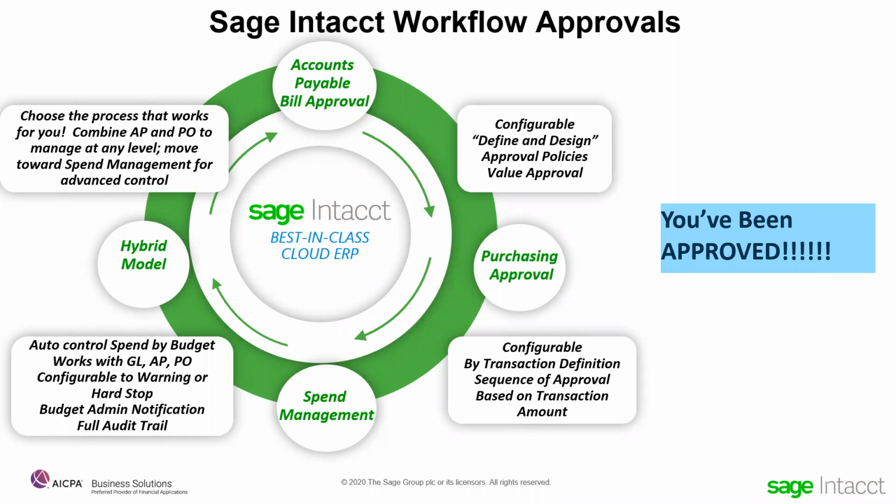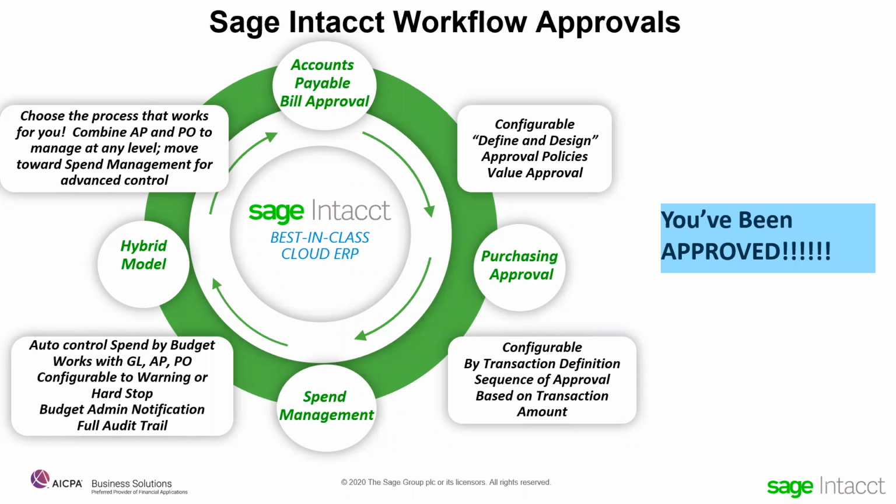And then if you need that advanced, more prescriptive model of controlling spend, we're applying what we call spend management. Now, in reality, if we move to the fourth bullet, many people are using a combination. I call it the hybrid model.